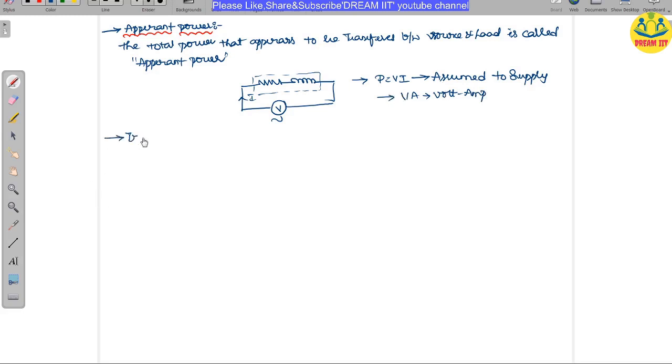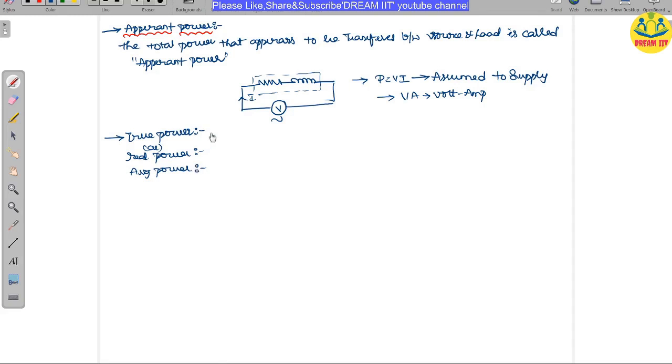What is the other power? It is true power. What is the meaning of true power? Another name is real power, or average power, all are the same here. We have already seen the average power consumed by a purely resistive circuit.